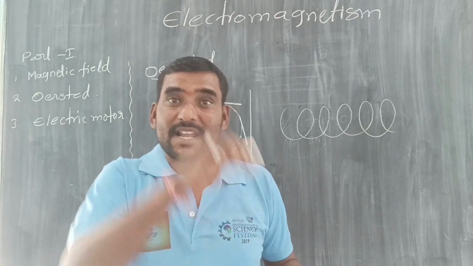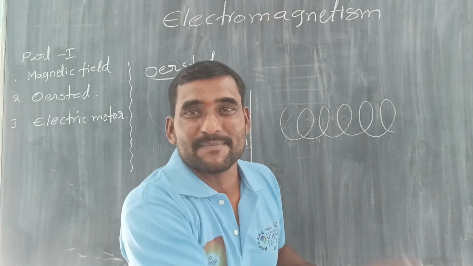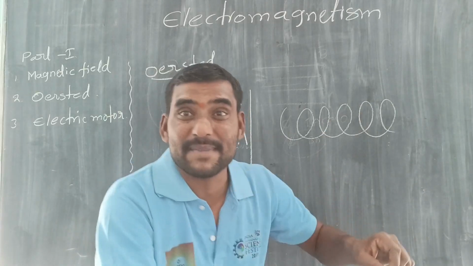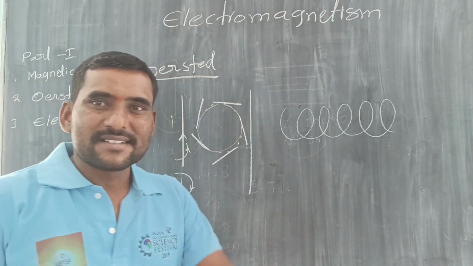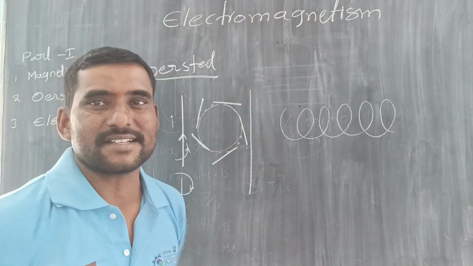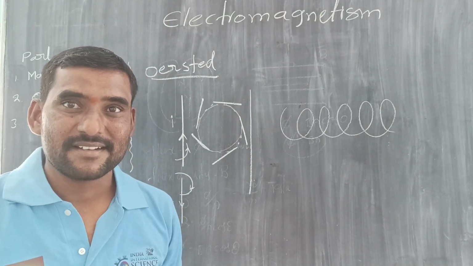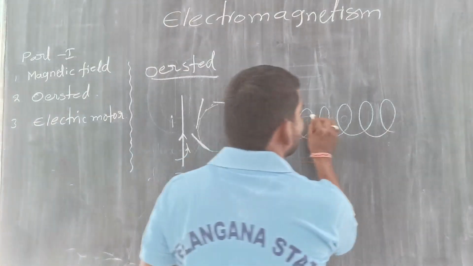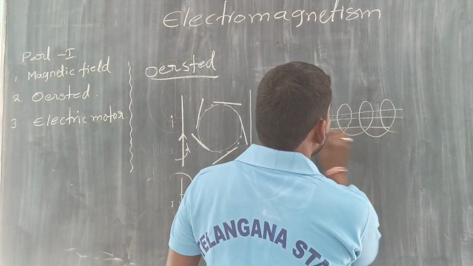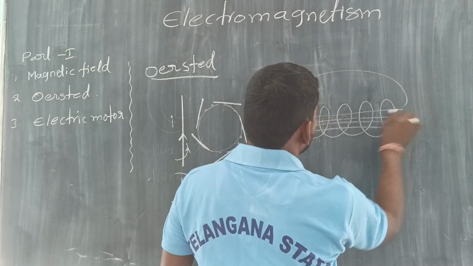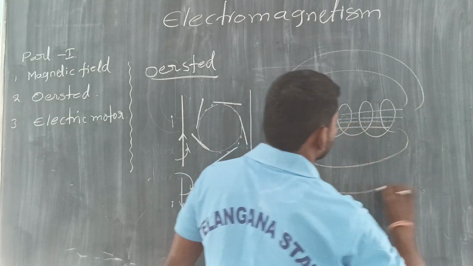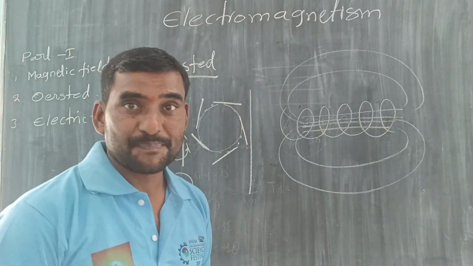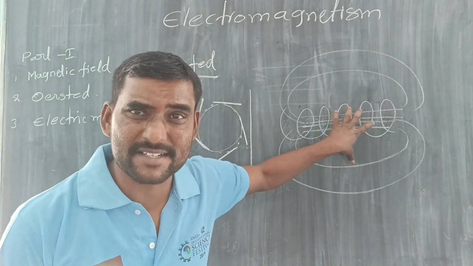Take a copper wire and make it a spiral; then it acts as a solenoid. Take some iron filings on the table and jerk it when we switch on. They are arranged like this, inside and outside. This appears as a bar magnet.